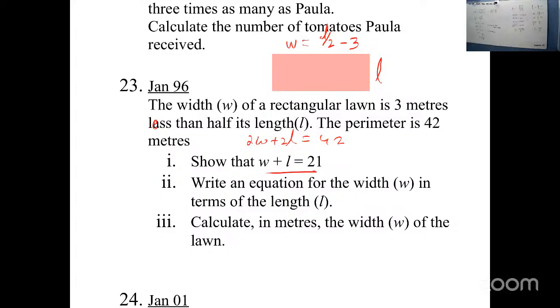What do I do to make it look like W plus L is 21? So 2W plus 2L is 42.